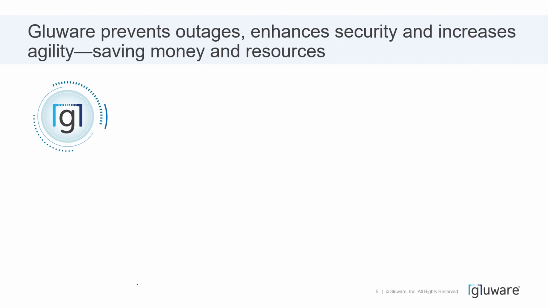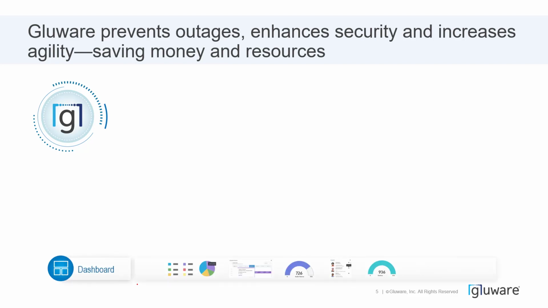Let's take a more detailed run through the applications and how you get started with Gluware, or the use cases that you achieve with each application. As I mentioned, dashboards. Dashboards are a new framework introduced in Gluware 4.0, at the end of 2020. It's a very powerful way to visualize your underlying information, and it's action-oriented, meaning anything that's being visualized, you can click on it and navigate into the UI and take action.